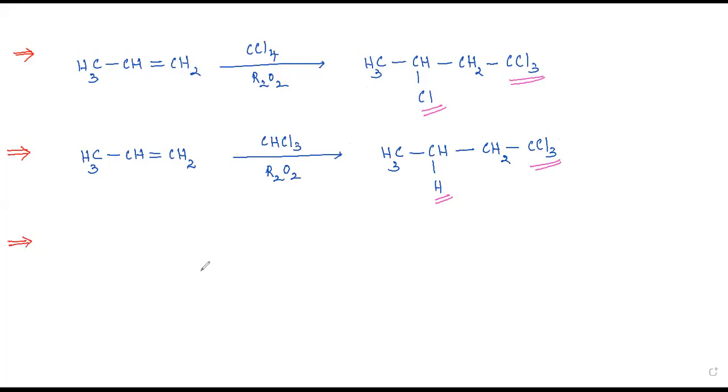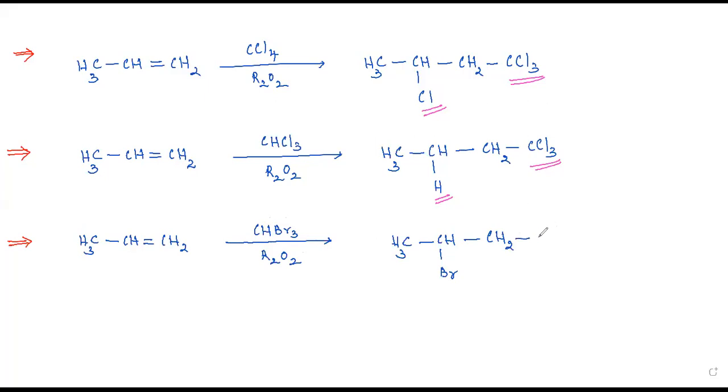But when the same thing is carried out with CHBr3, I mean bromoform, the reaction will be a little different. CHBr3 in the presence of peroxide. Here, a bromine gets connected.